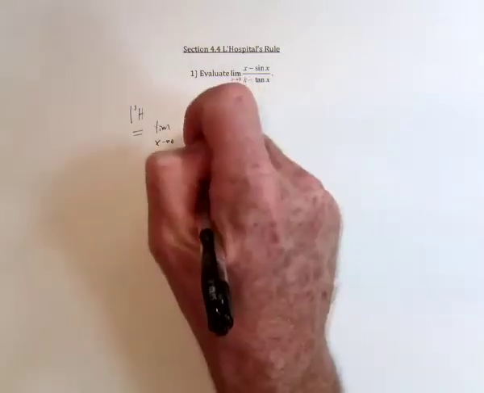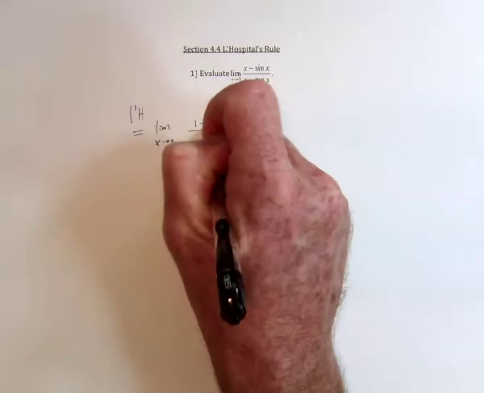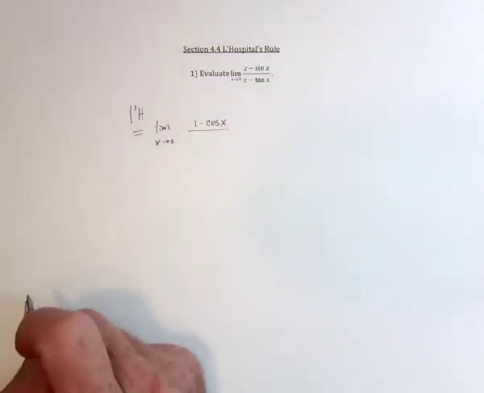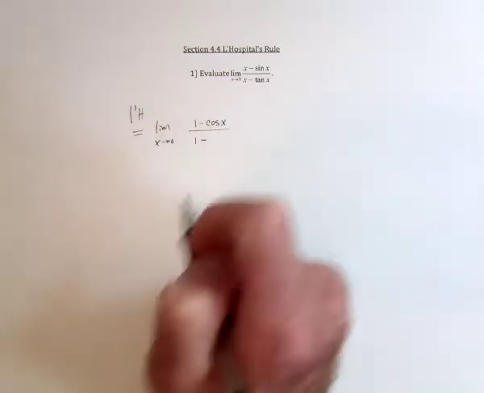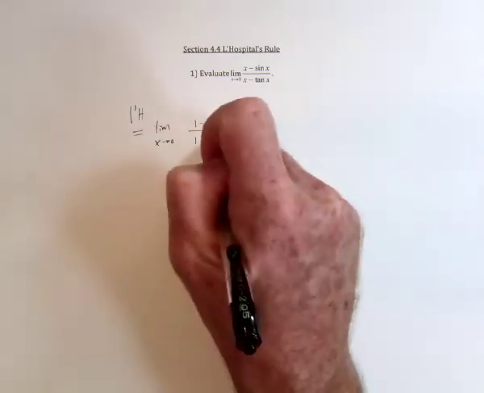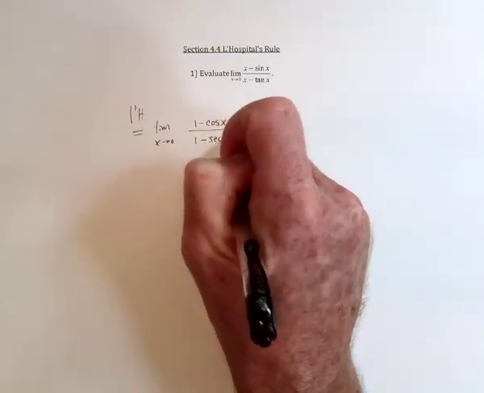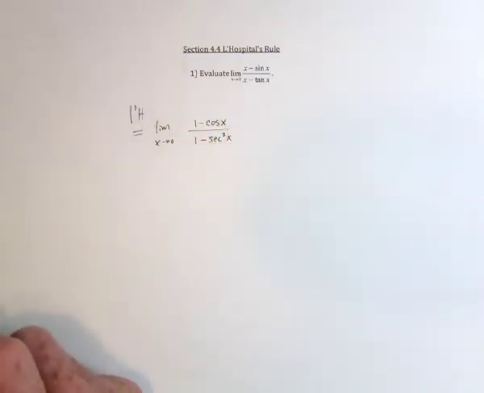So take the derivative here, it's going to be 1 minus cosine of x. And for the denominator, take the derivative, it's going to be 1 minus, let's see, the derivative of tangent is secant squared. And then try substituting a 0 again.